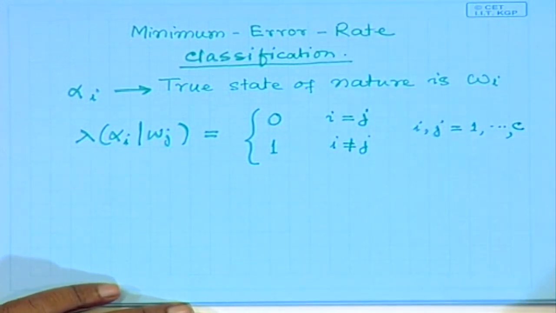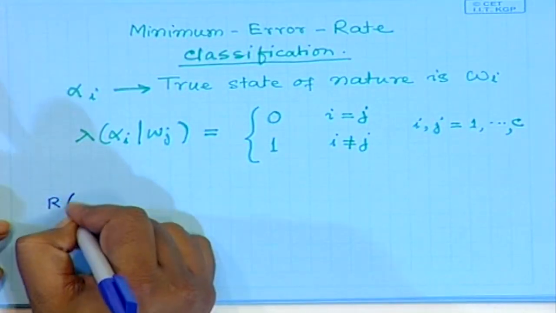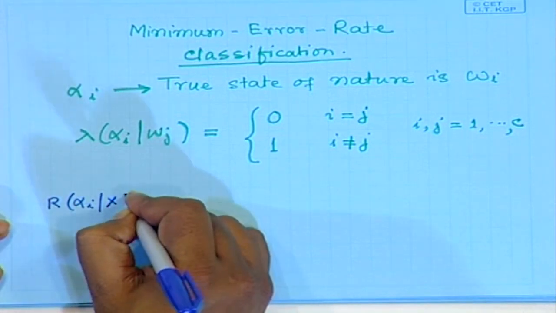So, whenever i and j are the same, that means I am taking a correct decision, the loss involved is 0. Whenever I take a wrong decision, the loss involved is 1. Okay. So, by this definition of the loss function, let us see what will be the expected loss or the risk, that is R of alpha i given x.